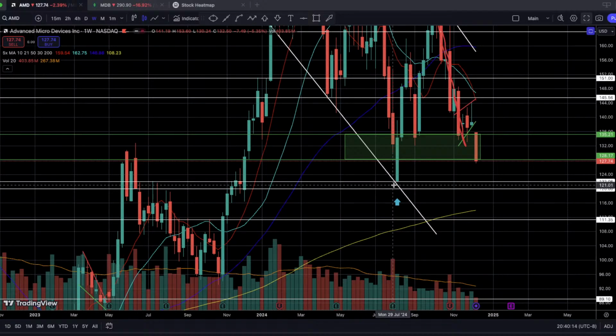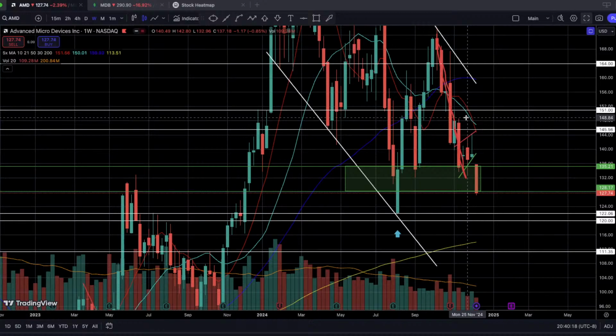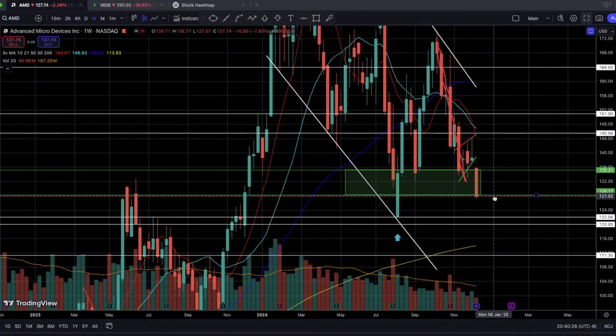So this simply states that the buyers were not strong enough to contain the price above this level, and as we continue to inch closer and closer back down to this level, it means the sellers are pretty strong, and any space above 122 is still full of sellers as the price continues to move lower.